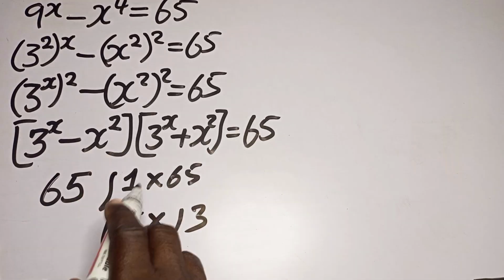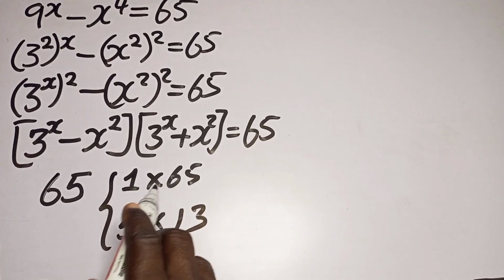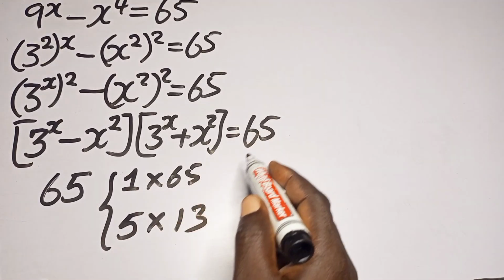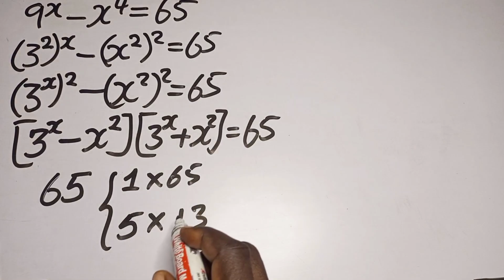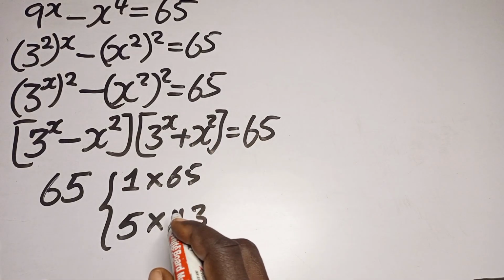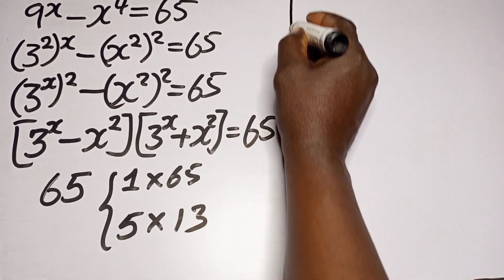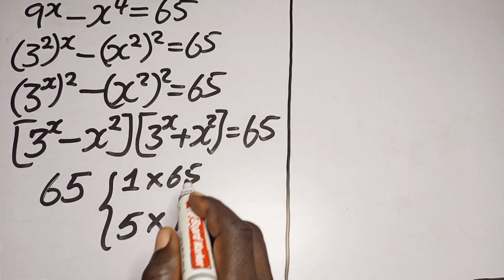There will be a lot of mathematical reasoning that will govern the choice of the particular decomposition that we're going to use. Is it going to be the first one, 1 multiplied to 65, or 5 multiplied to 13? Now let's reason along. Let's take 1 multiplied to 65.